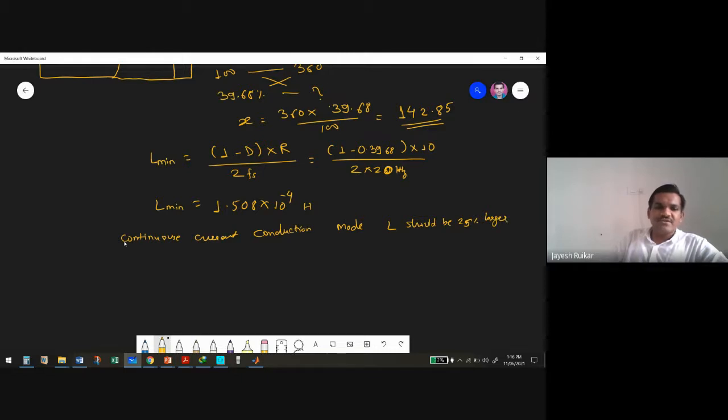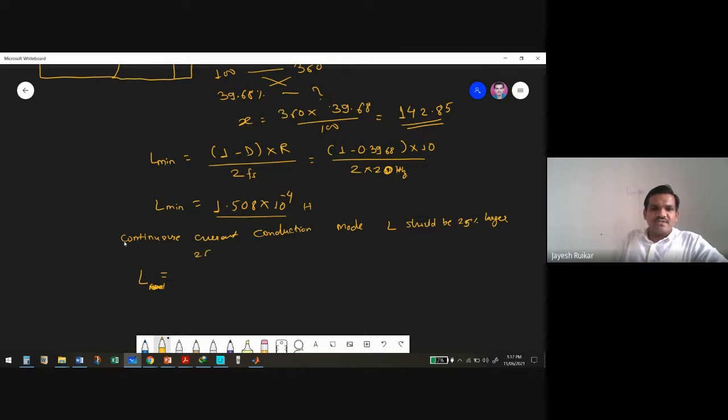Okay, so we need to find out 25% of this, and then we can add it to get L final, or inductor final inductance value, that is L. I will make it as L, and then 25% of this. If you take 25% of this, then you can add it with this.